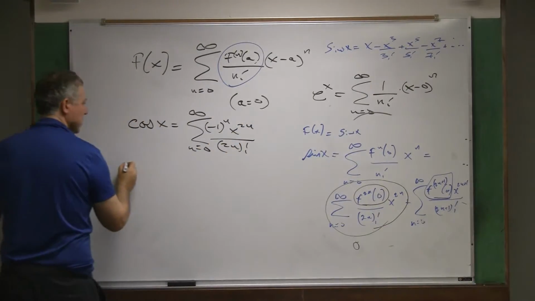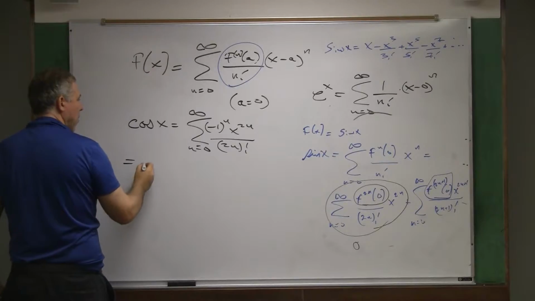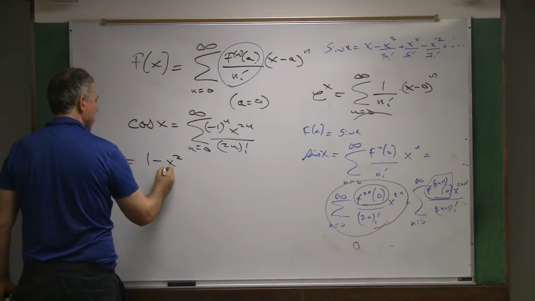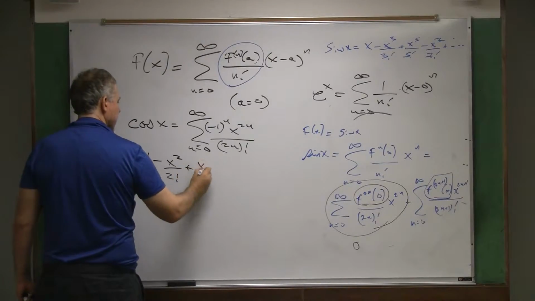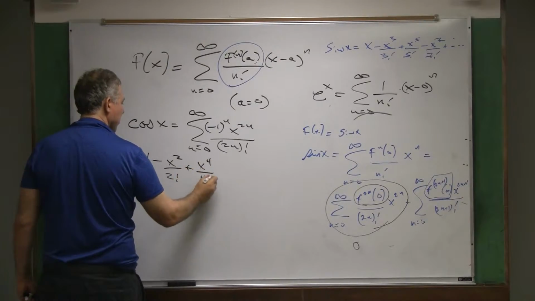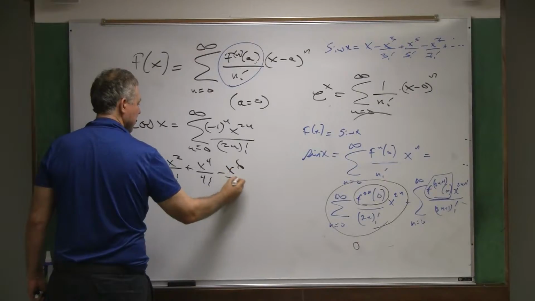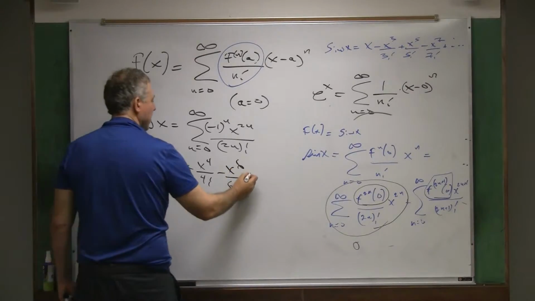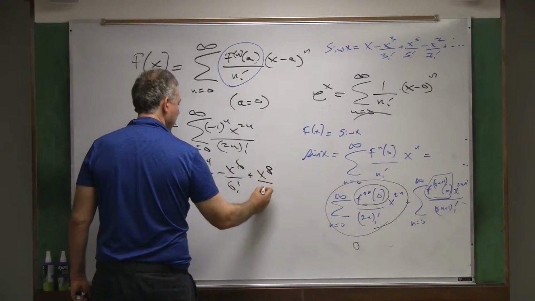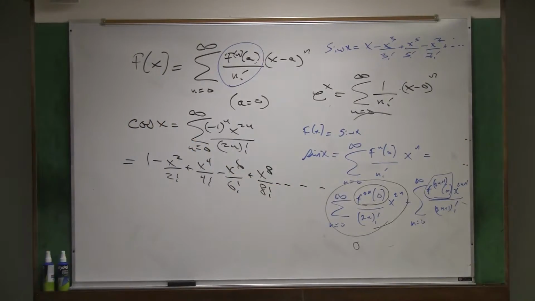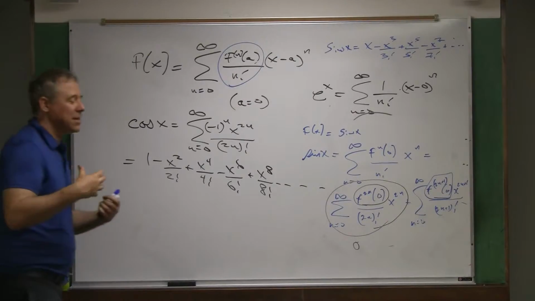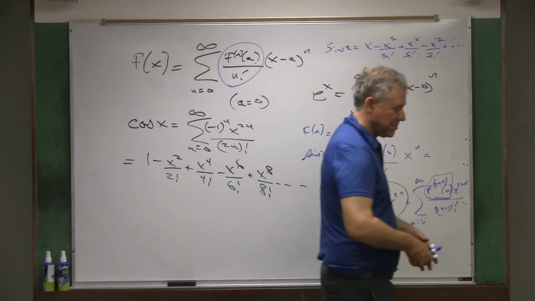In other words, it's going to be 1 minus x squared over 2 factorial plus x to the 4 over 4 factorial minus x to the 6 over 6 factorial plus x to the 8 over 8 factorial, dot dot dot. That's cosine. Cosine works with the even powers. Sine is the odd powers.